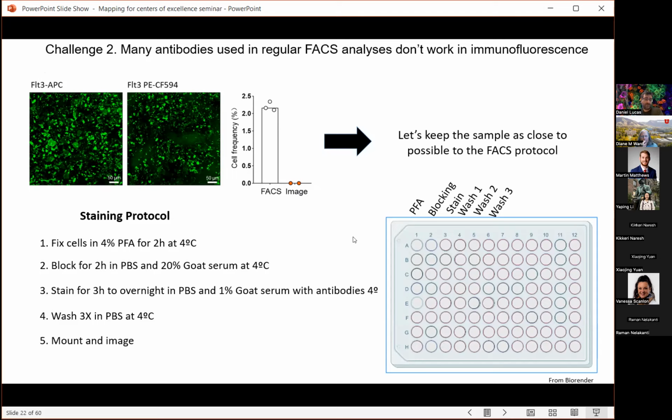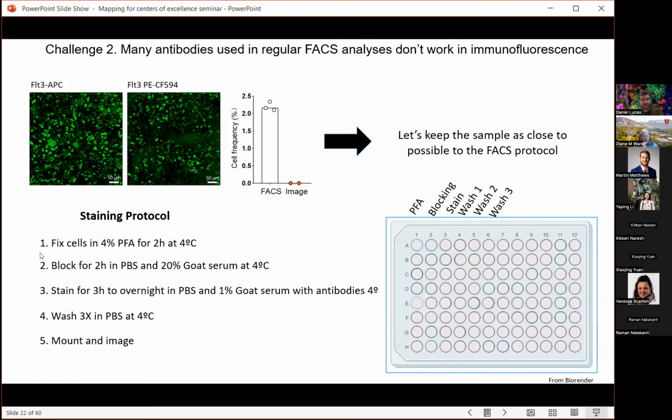To do that, we butterfly the bone and then we fix the bones in 4% PFA. And the way that we do this is we have a 96 well plate. Each well is going to have one of these butterflied bone samples. So first row is going to have PFA, second one is going to have the blocking, the stain, and then the 3 washes.